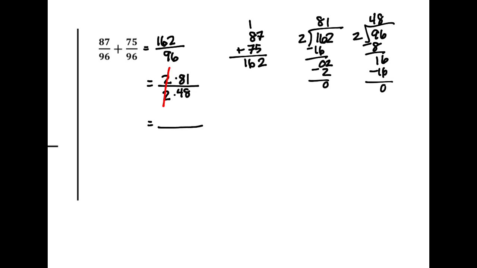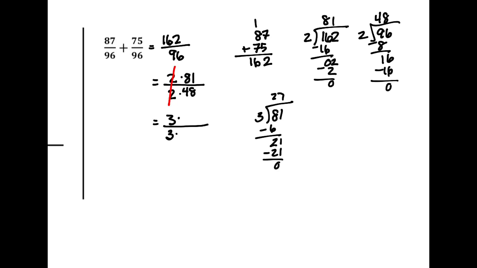So 3 goes into both. 81 divided by 3 goes in 27 times. And 48 divided by 3, 16 times. And the 3's cancel.